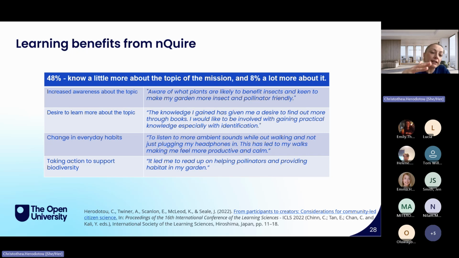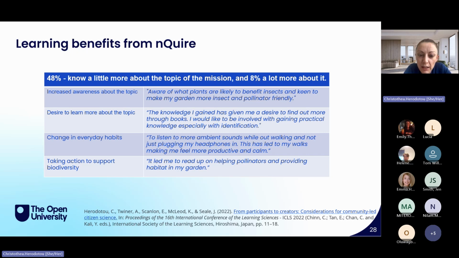So the learning benefits, as described by participants, are increased awareness about the topic of the mission. The second one is a desire to learn more about the topic after taking part in a study. And you can see on the right-hand side some actual quotes from the participants. Some of them said that after taking part in the study, they changed some of their everyday habits.